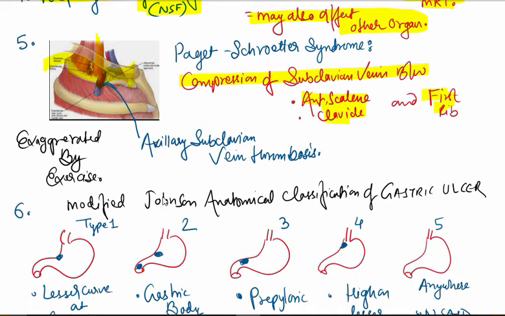This condition is known as Paget-Schroetter syndrome, and it is causing axillary subclavian vein thrombosis, and it gets exaggerated by exercise.